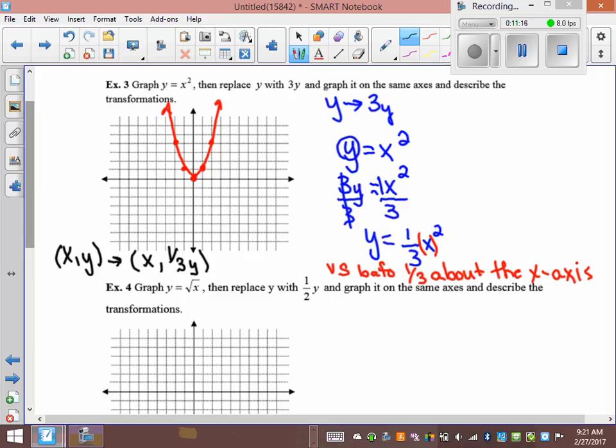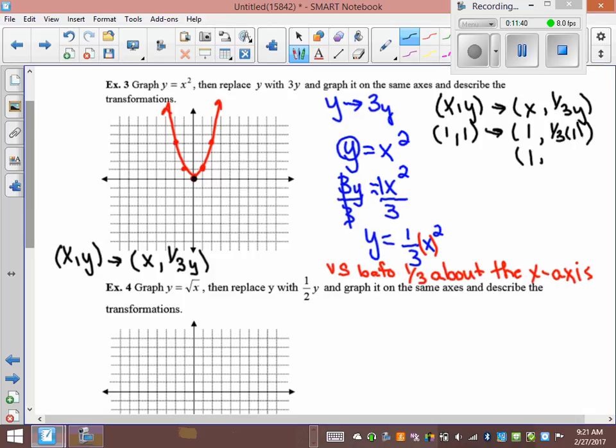So this point is going to remain at 0, 0 because 1/3 times 0 is 0. So if I go 1, 1, it's going to become 1 and 1/3 times 1, so it's going to become 1 and 1/3.